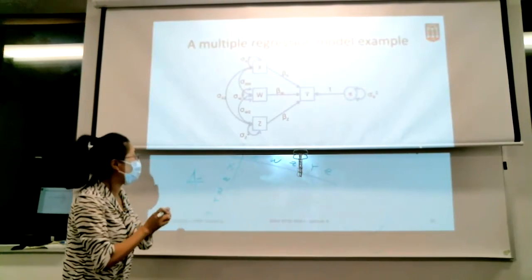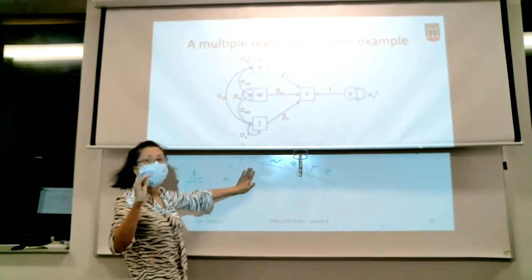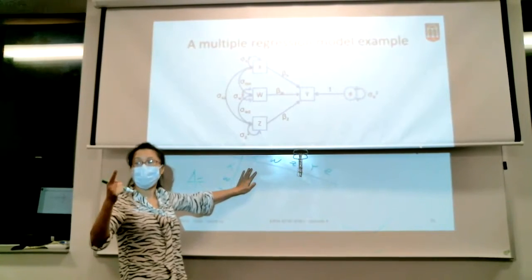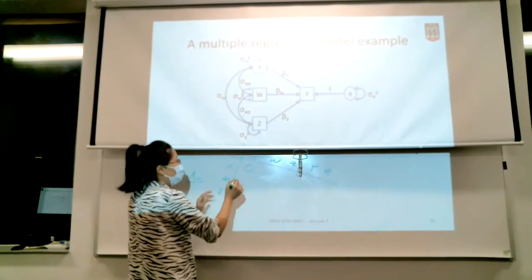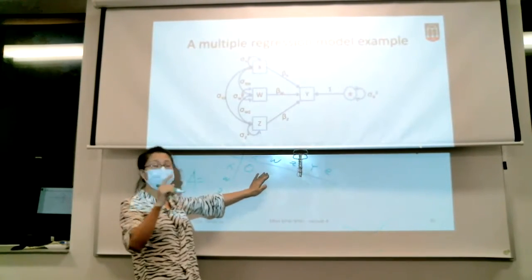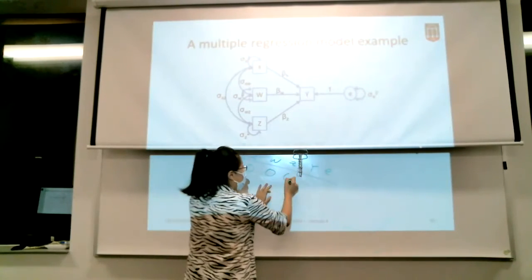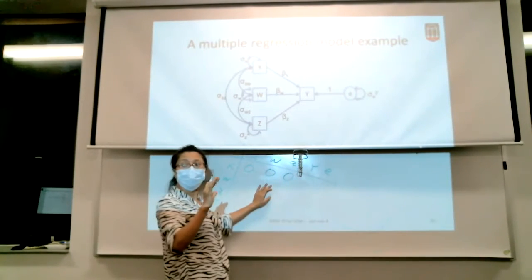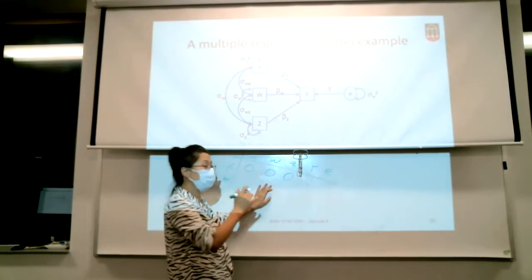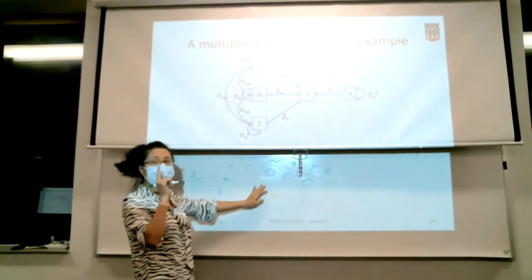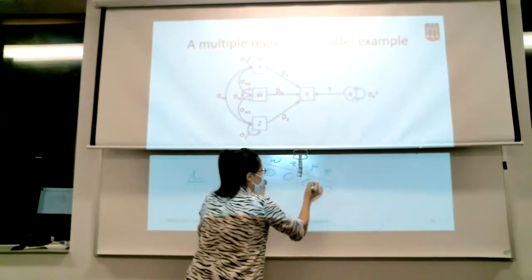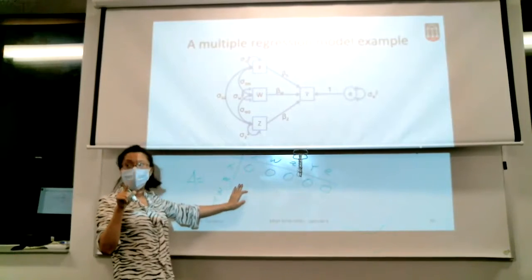Let me ask you, from X to X, is there any single-headed arrow from X to X? No. From W to X? No. From Z to X? No. From Y to X? No. From E to X? No. Okay, good. From X to W?